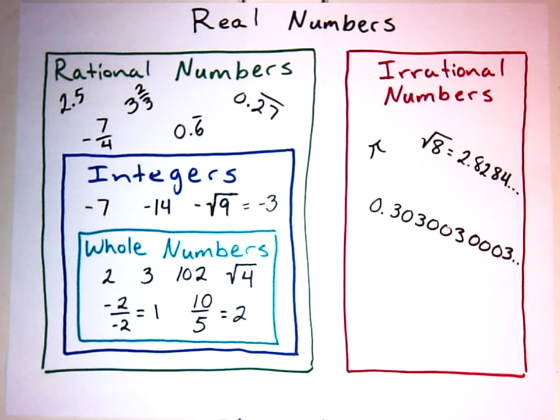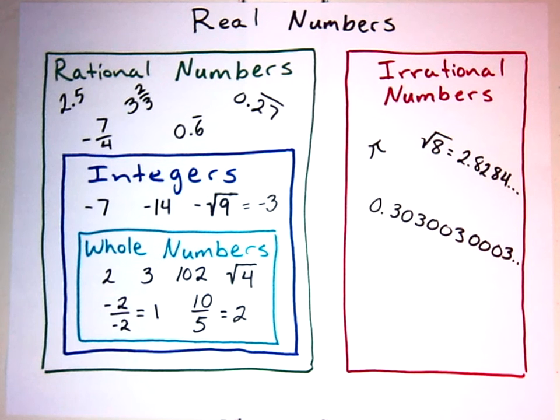We have negative the square root of 9, right? The square root of 9 is 3, and then since there's a negative sign there, that would make it negative 3, okay? So those are integers. Now, integers, those are within rational numbers. So all integers and all whole numbers are rational numbers, okay?